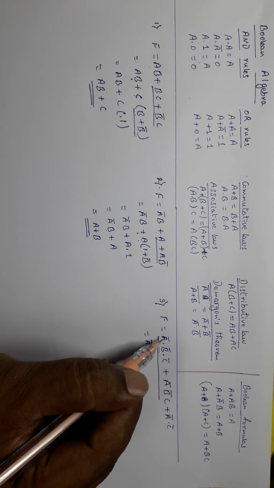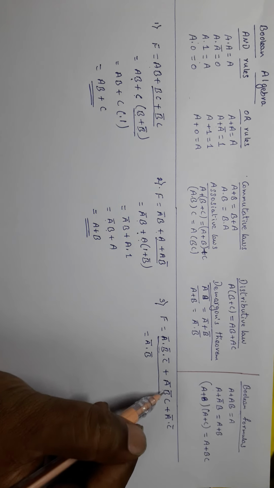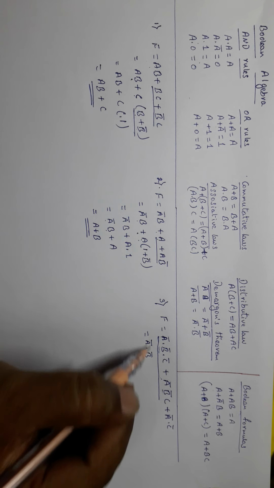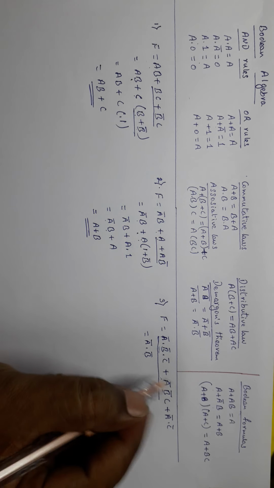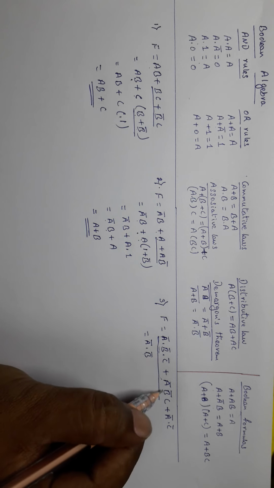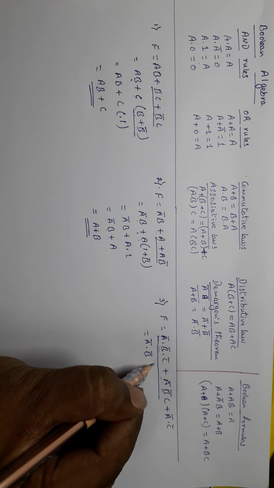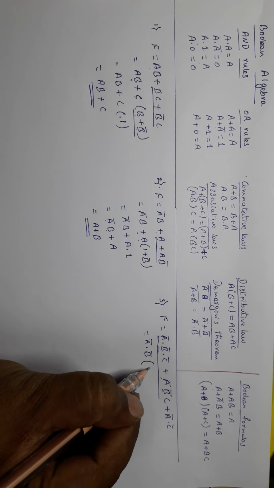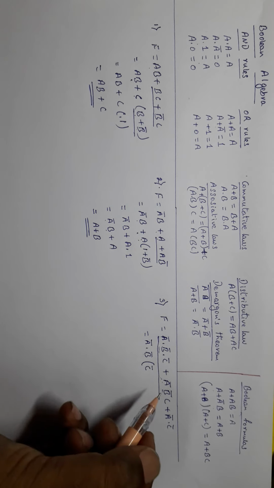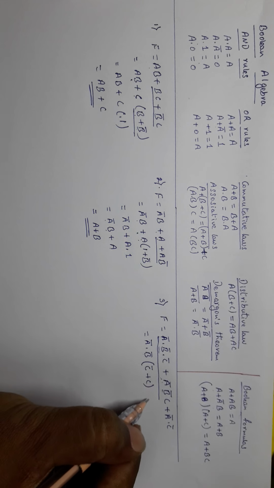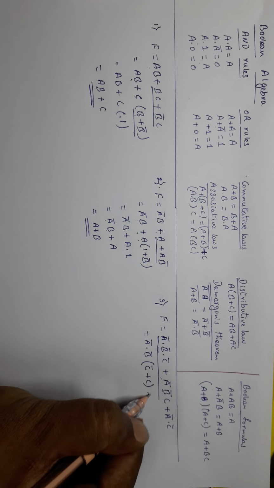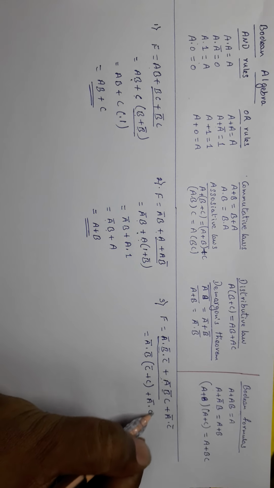What is the common? A complement into b complement. These two variables are common. We'll get a complement into b complement into (c complement + c) plus a complement into c complement.